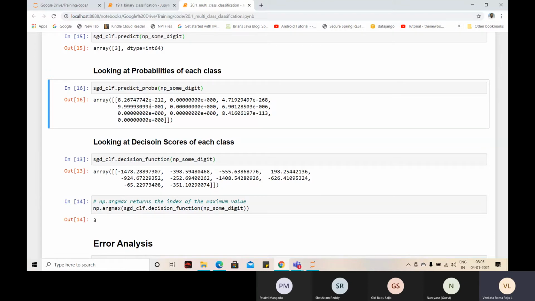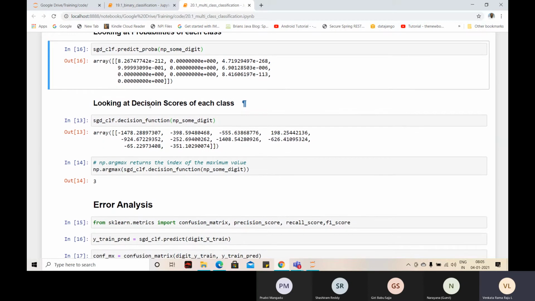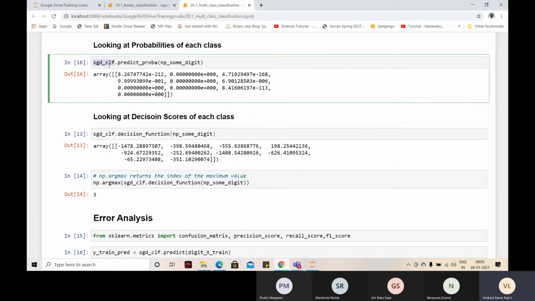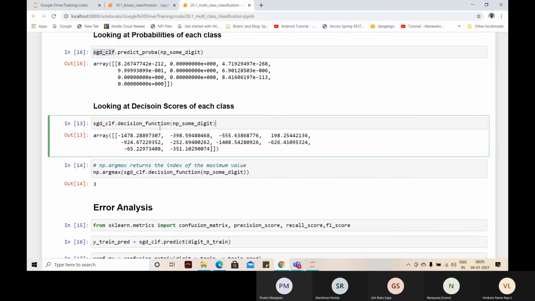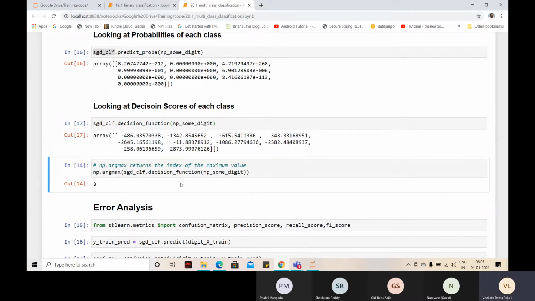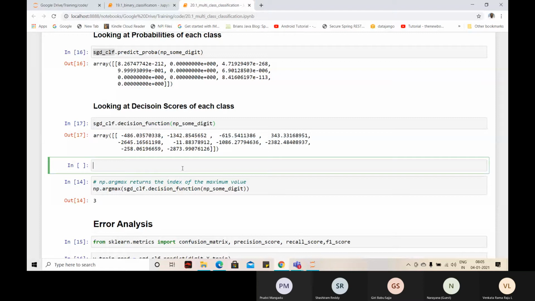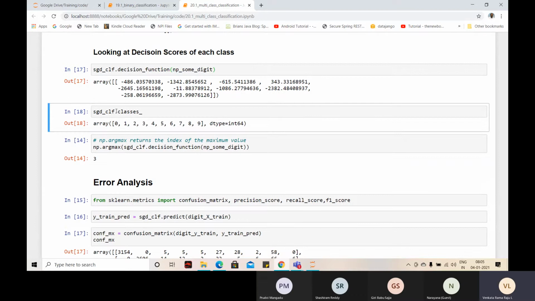How do you know that is the order? classes_ is an attribute in the algorithm that gives you the order in which the classes were considered.